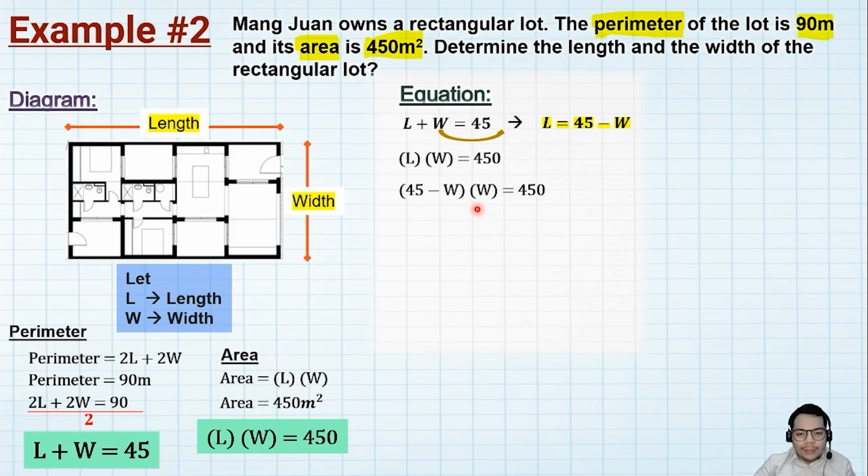So, for this one, nakita na natin na, ayan, pwede na ulit tayo mag-expand para maging quadratic equation to. So, we can multiply that W to that 45 and this W to negative W, making now our equation be equal to W times 45, that will be 45W, and W times negative W is negative W squared.